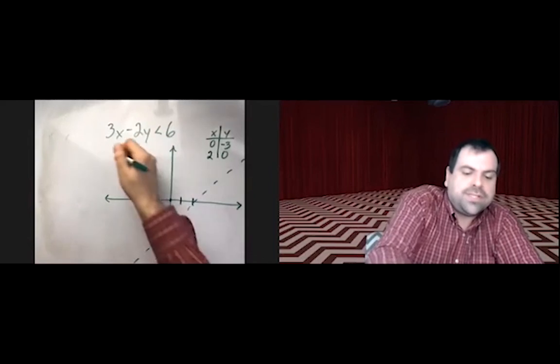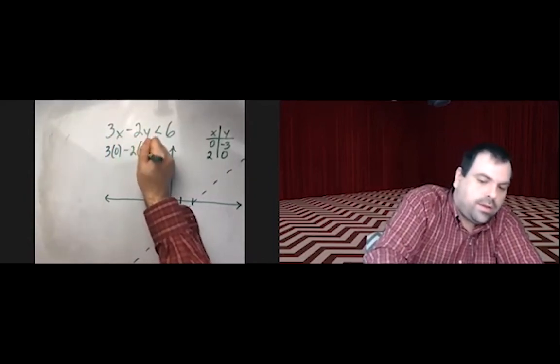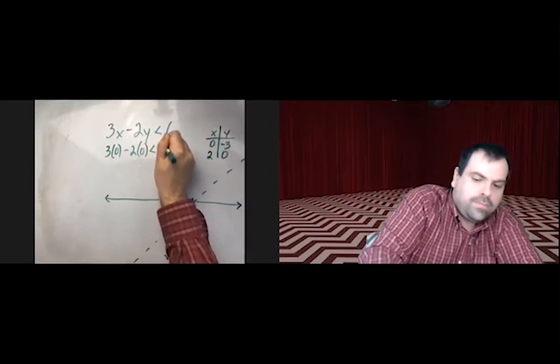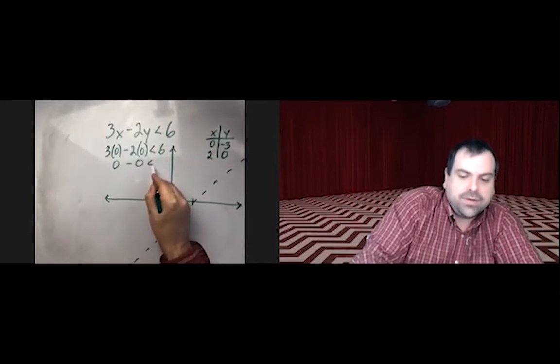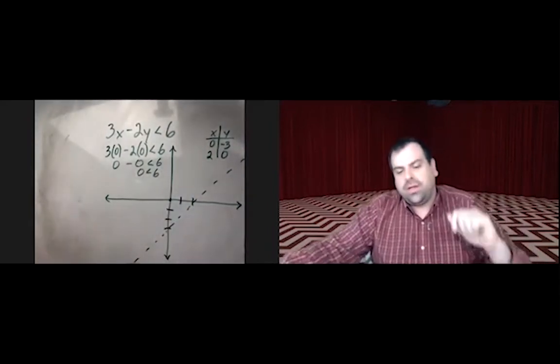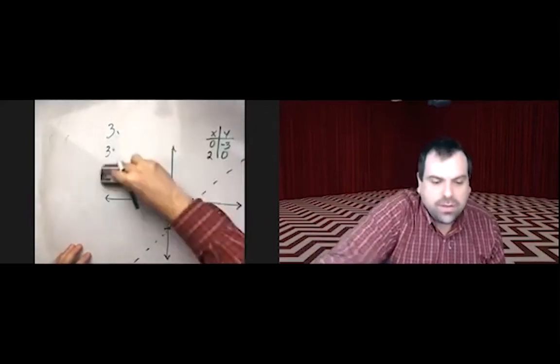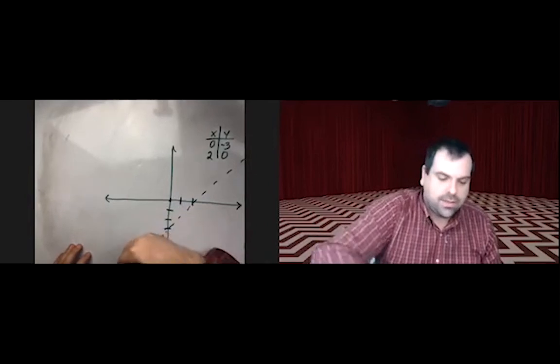I'm going to plug 0, 0 in. Is it true? 0 minus 0 less than 6, 0 less than 6, absolutely true. So 0, 0 is part of the side that works.